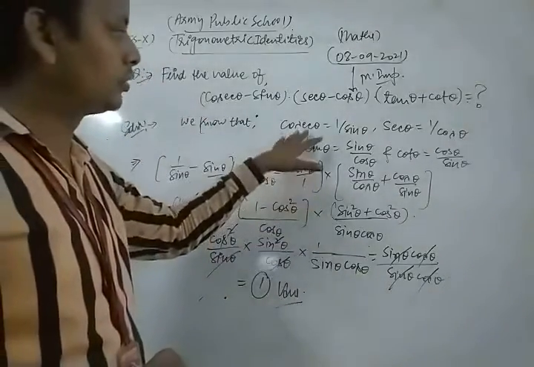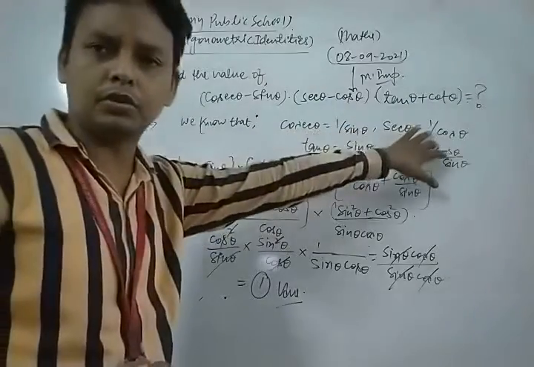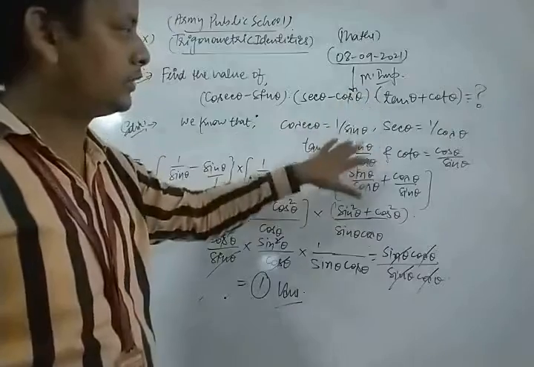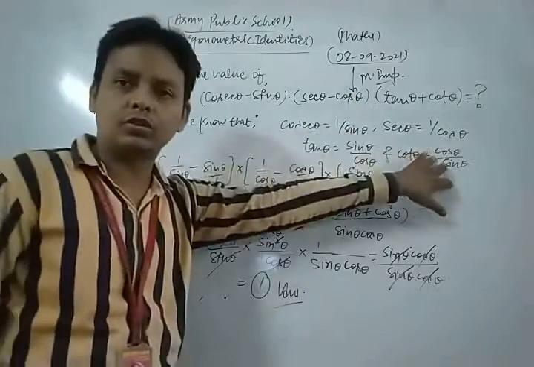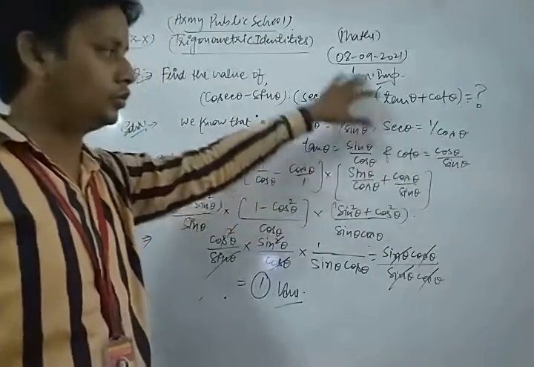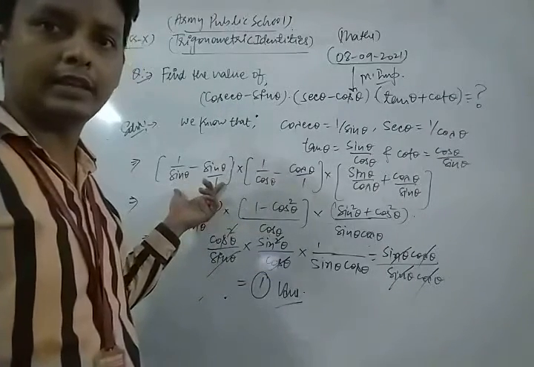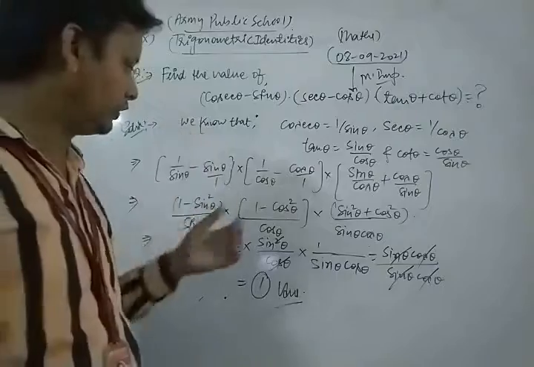Here we use cosec theta as 1 upon sin, sec theta as 1 upon cos, tan theta as sin upon cos, and cot theta as cos upon sin.